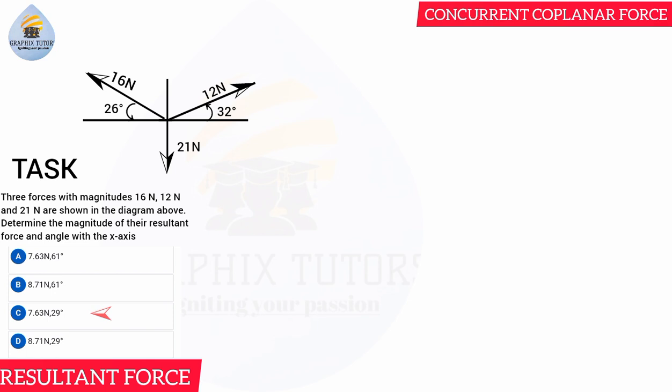Option C is telling us the magnitude is 7.63 Newton and the angle is 29 degree. Option D is telling us the magnitude is 8.71 Newton and the angle is 29 degree, right? So this is what the options are telling us.